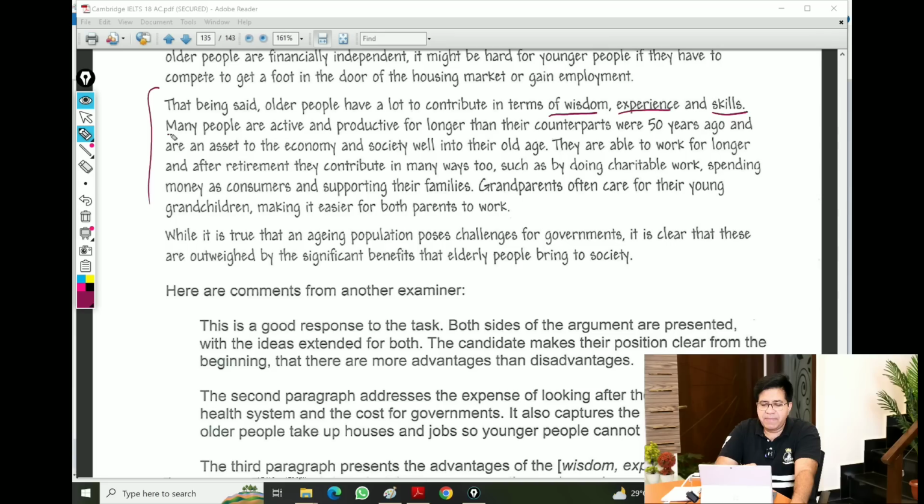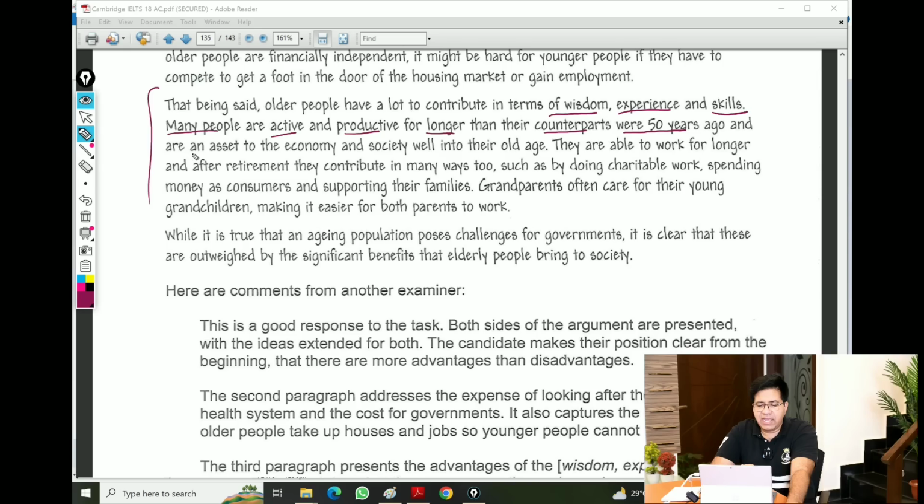Many people are active and productive for longer than their counterparts were 50 years ago. 50 years ago, life expectancy was low and all that, and they are an asset to the economy and society well into their old age, right?